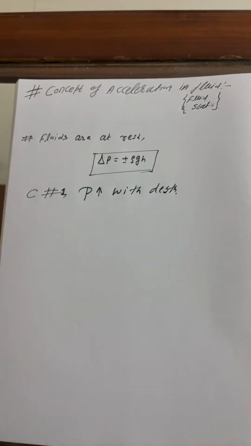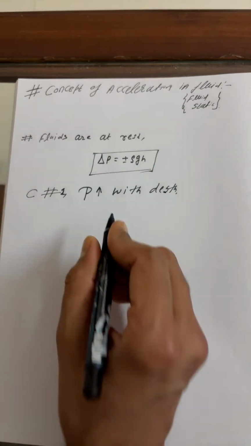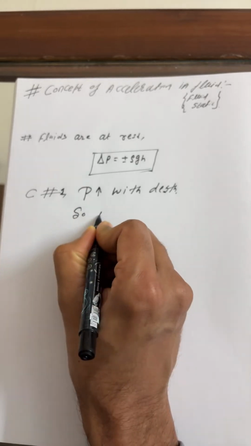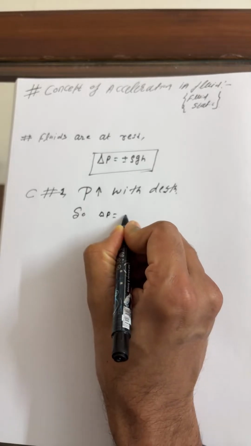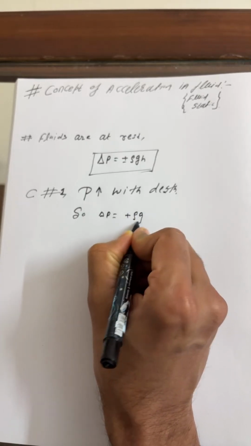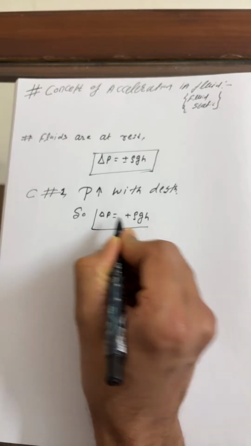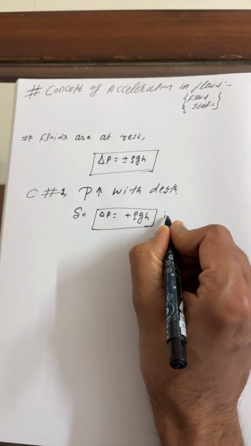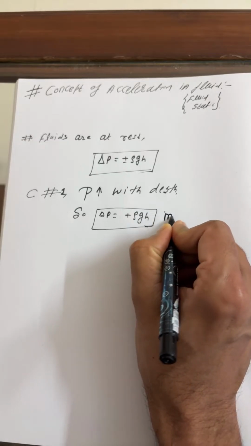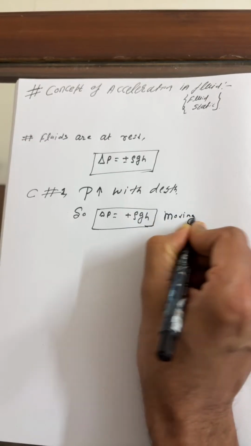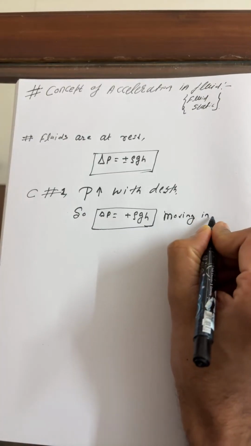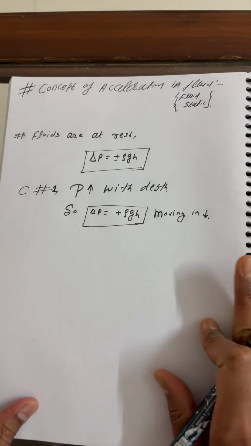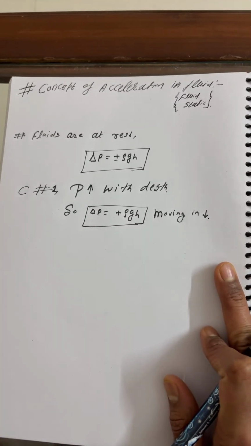In this condition, we can write delta P is plus rho gh. What is your direction of motion? If we are moving in the downward direction.